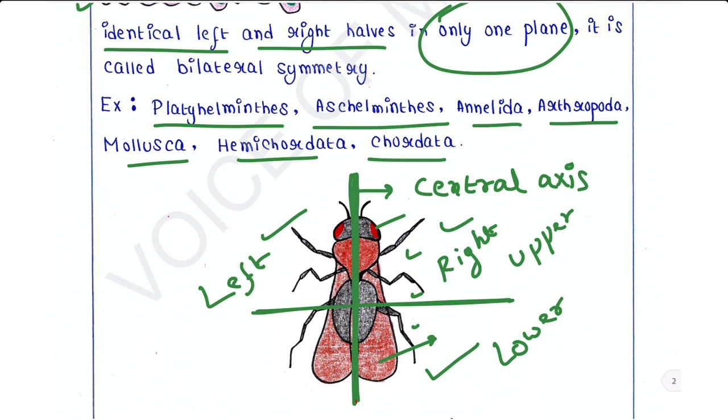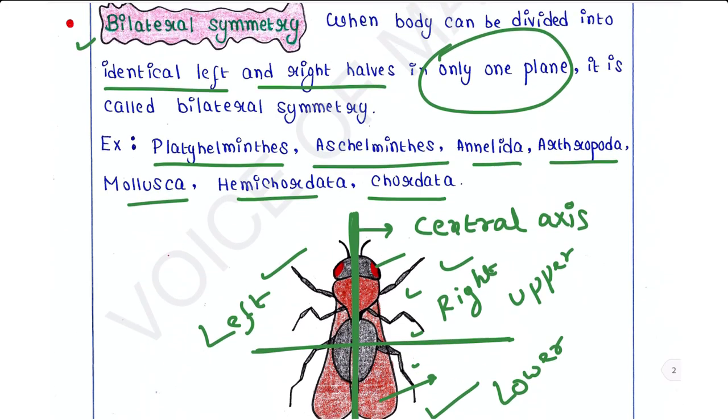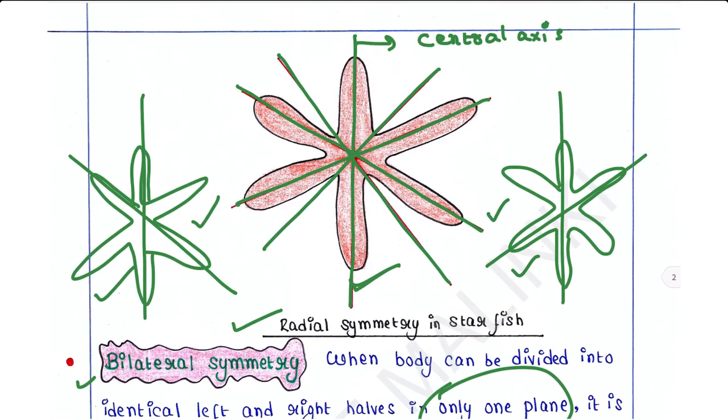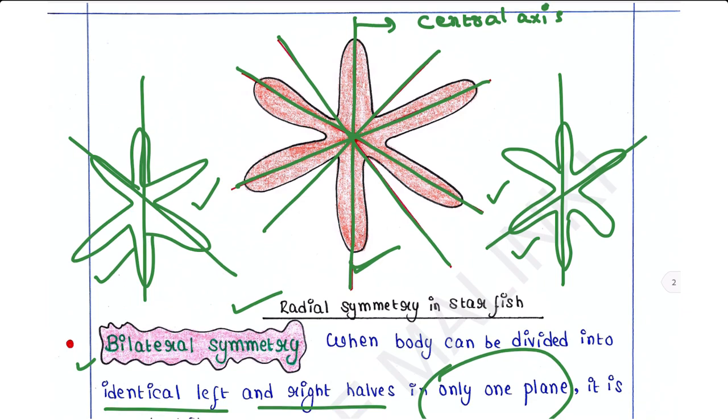So that time you will not get identical parts. So you will get identical left and right halves only if you cut the fly in one plane, and that is the plane that is going through the central axis. Whereas in case of radial symmetry, we have seen you can cut the body in any plane that is passing through this central axis and you can get two identical halves.